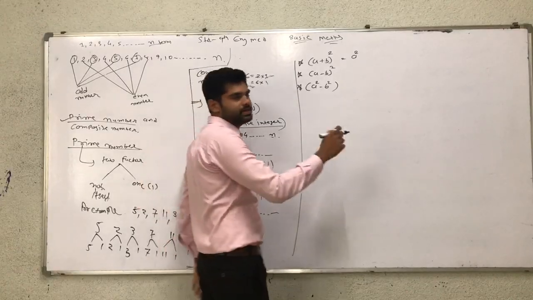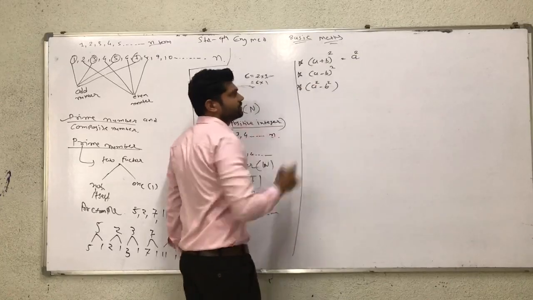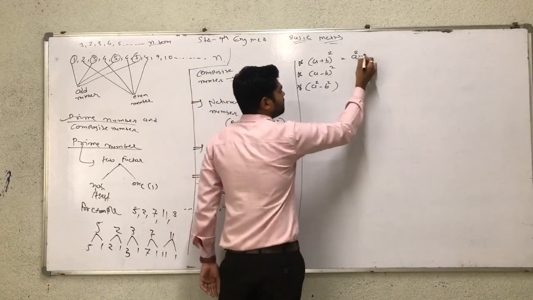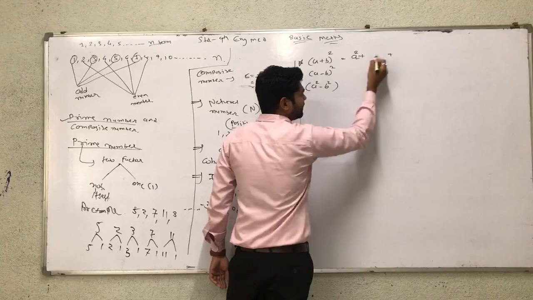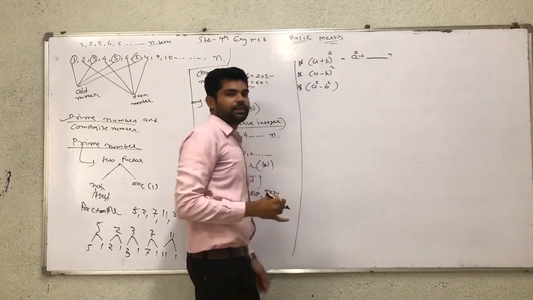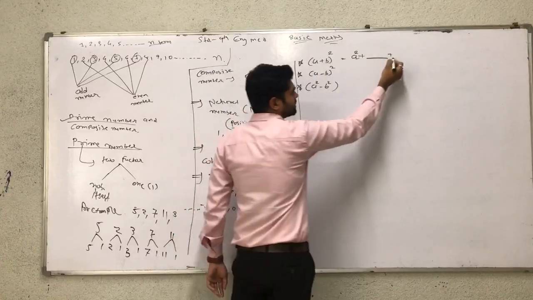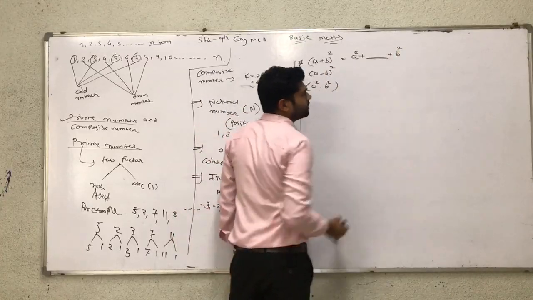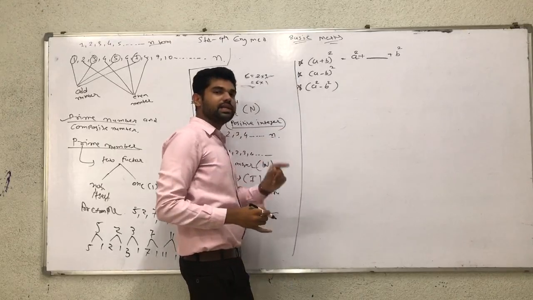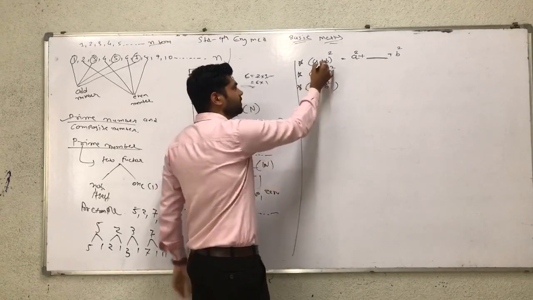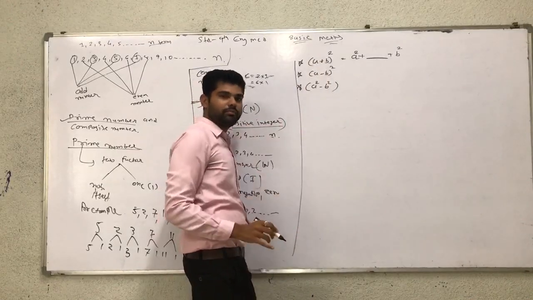It means the first step is the square of the first number, plus the square of the second number. So the sign is always positive. Here plus or minus does not matter.